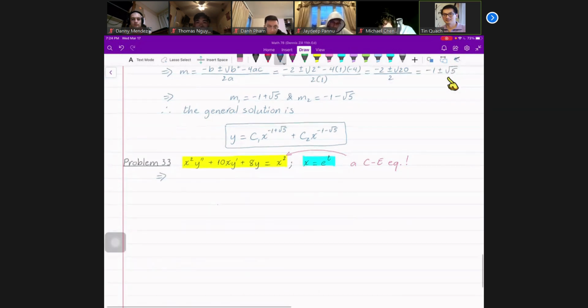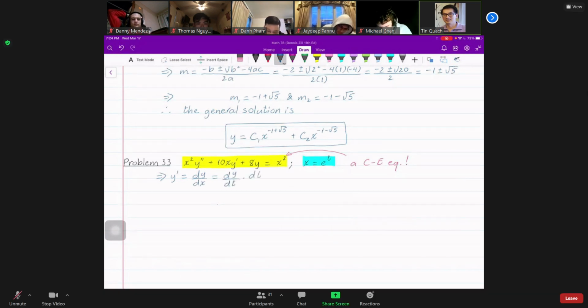All right, because in your equation you have dy dx and the second derivative of y with respect to x. You need to convert them into with respect to t, because now x is a function of t. So this is what you do. So y prime is dy dx, which is dy dt times dt dx, okay?